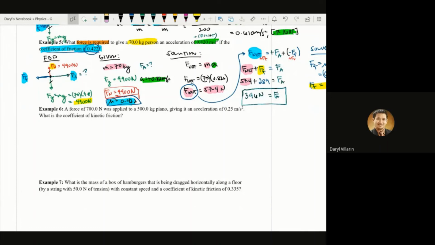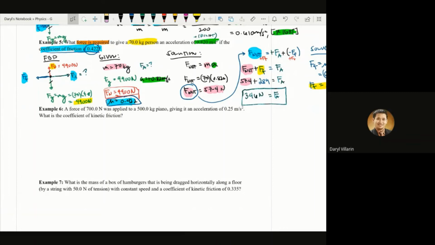Again, acceleration for both cases is zero. And that is the important thing to note about first Newton's law. A is equal to zero. And the second Newton's law, if the net force is not equal to zero, that means that the object will be accelerating. And the net force, again, the sum of all the forces must be equivalent to the product of the mass times the acceleration of the object.